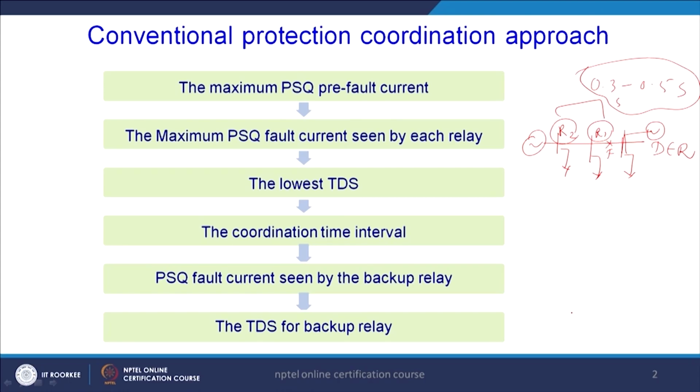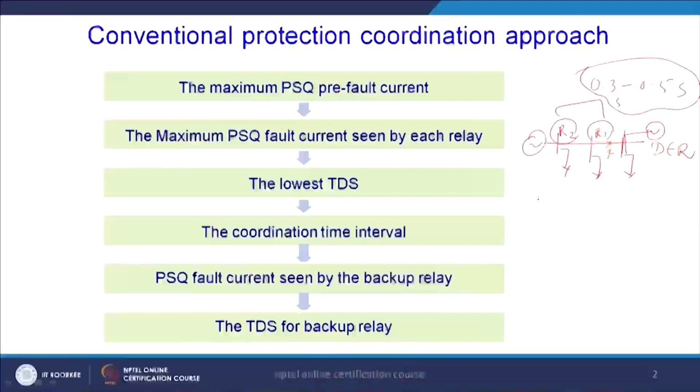The current profile of different lines, or the current profile seen by different overcurrent relays, basically changes. If that current profile changes, then the corresponding block setting, that is the I and T, the resultant current will change and the setting should be changed, and of course the corresponding TMS, that is the time multiplier setting, should be changed.